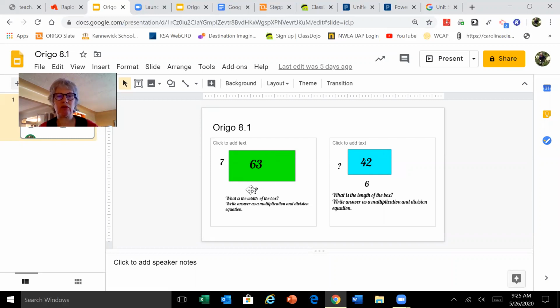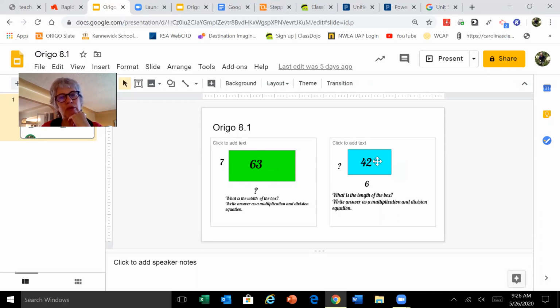And what I mean is, what is this mystery number right here? And then write an answer as a multiplication and division equation, just like how I did it before. So you would think about how you could write this as a multiplication equation, and how you could do it as a division equation. And then the same thing over here.